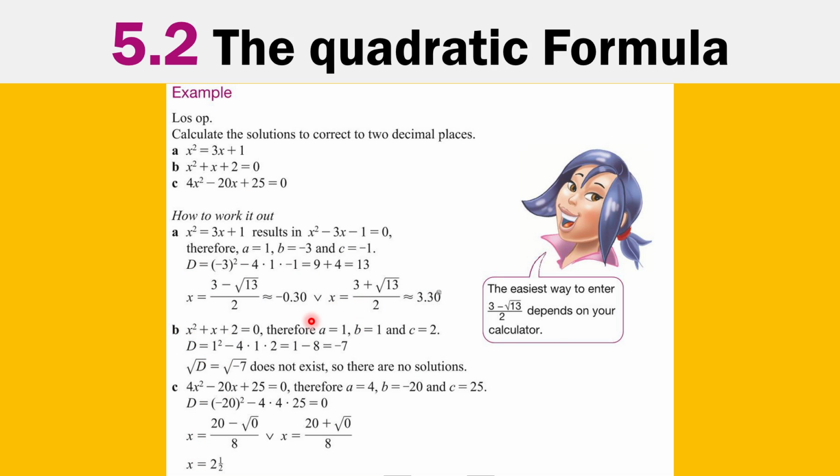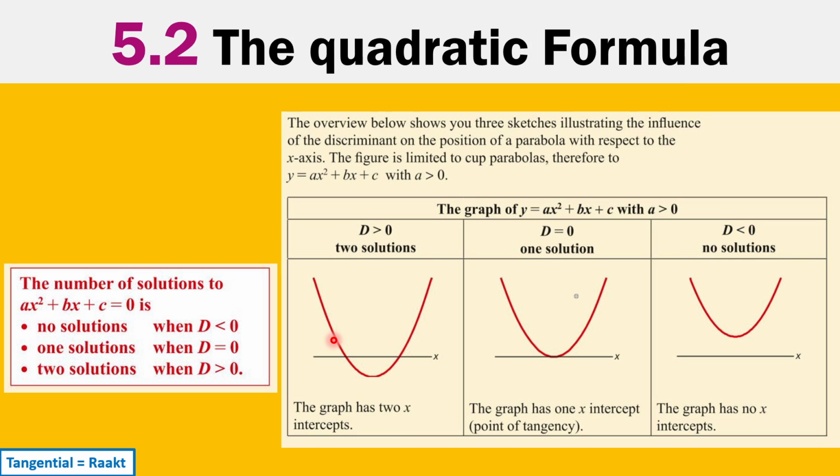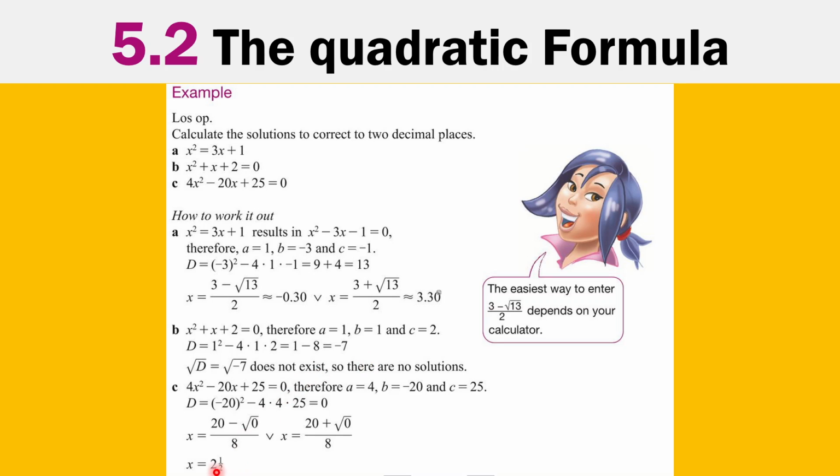And for example, here in this example, the discriminant was negative, so there were no solutions. A was 1, so it's still a cup parabola. It would look something like this. And in the last, there was only one solution. X was 2.5. Why was there only one solution? Because the discriminant was 0.